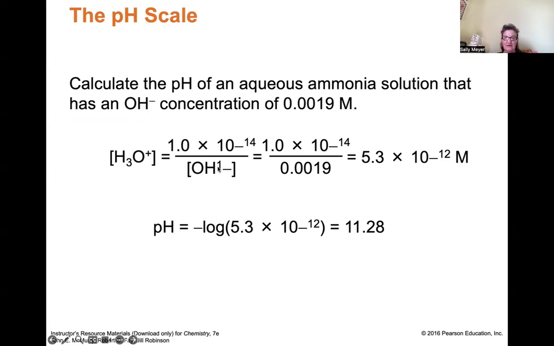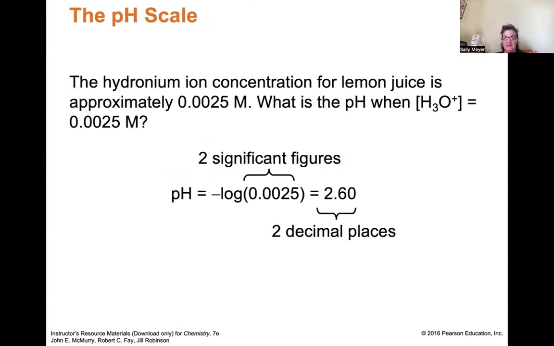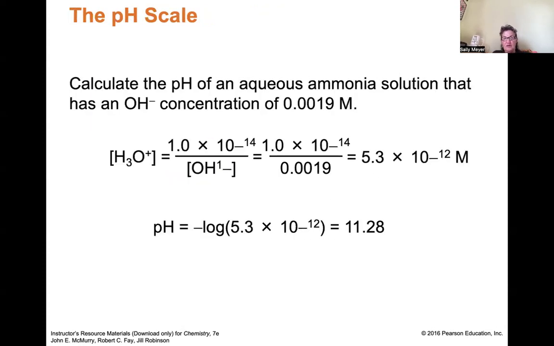So if we go back and look, if we know the OH- concentration, we can use it to calculate the H3O+. If we have a solution with an OH- concentration of 0.0019, Kw divided by that number gives us the concentration of hydronium cations.